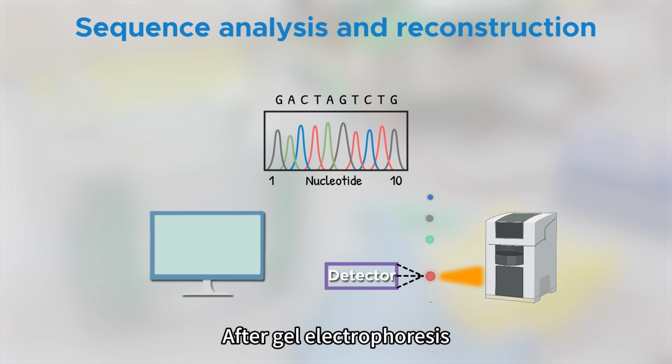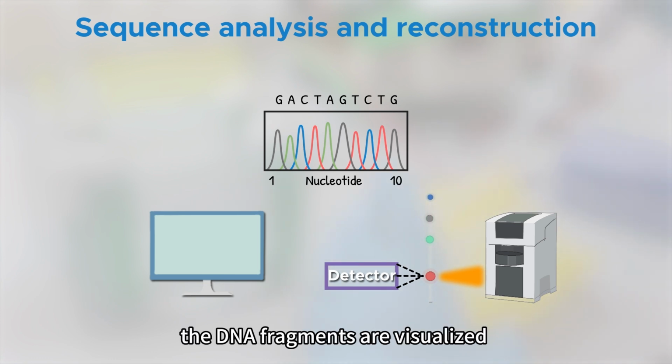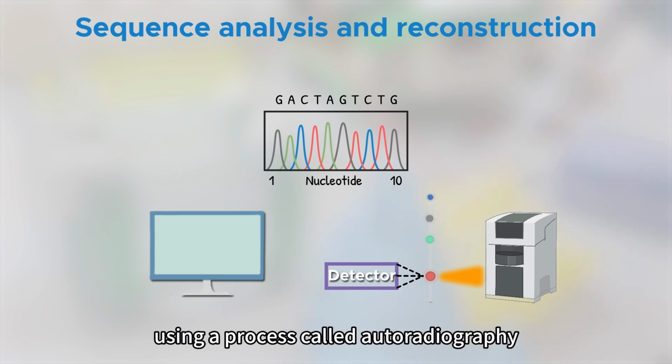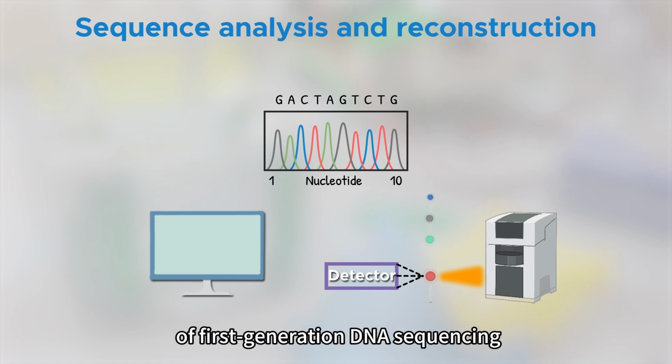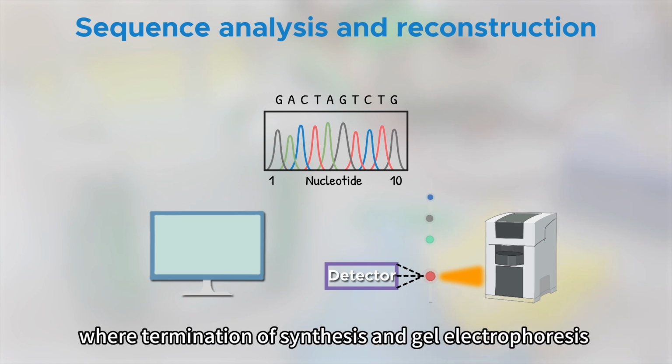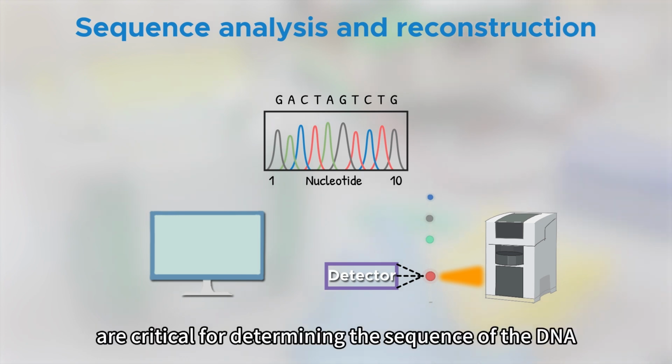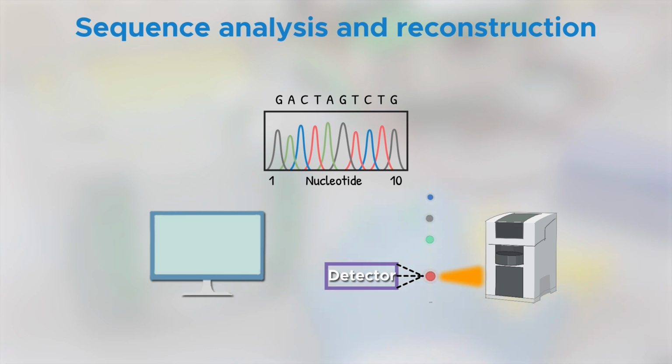After gel electrophoresis, the DNA fragments are visualized using a process called autoradiography. The final sequence is assembled. These steps complete the process of first-generation DNA sequencing, where termination of synthesis and gel electrophoresis are critical for determining the sequence of the DNA.